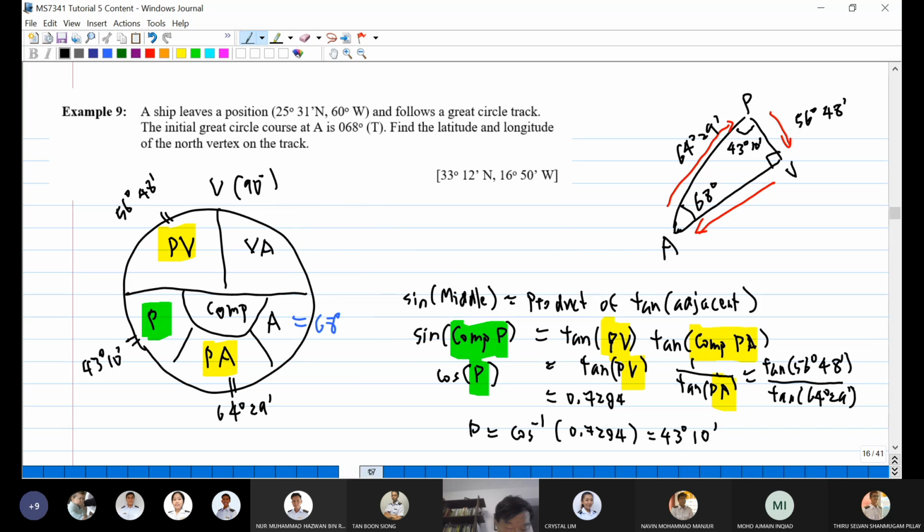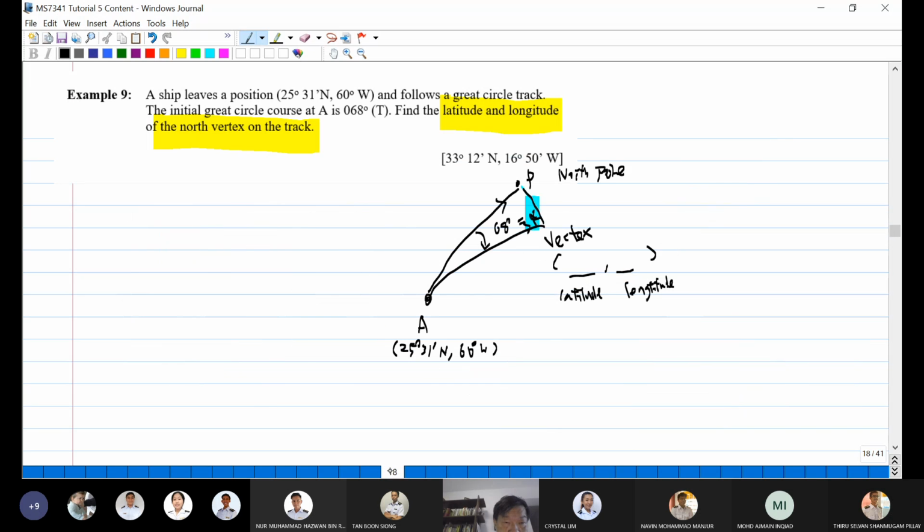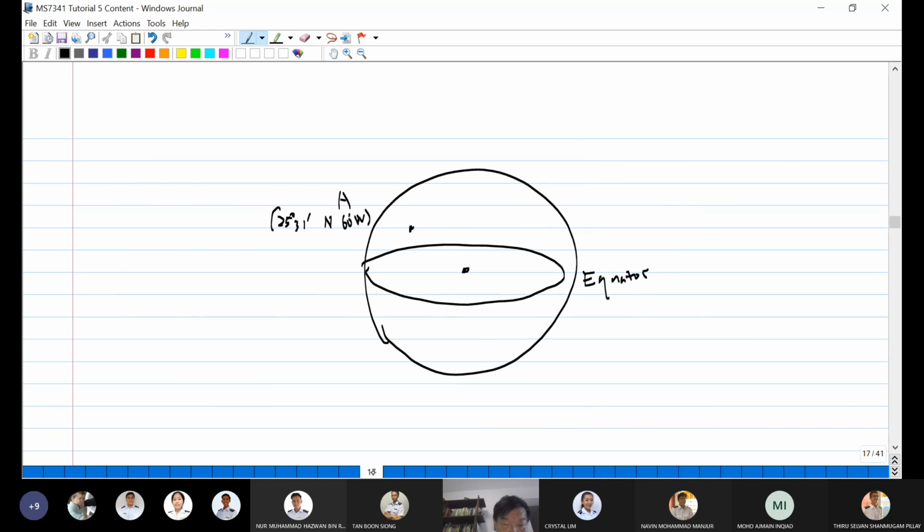Okay, A here. Okay, so the picture looks something like this. So this is the North Pole. This A here, right? So it moved in the direction of 68 degree bearing until the point reaches B here. So it continues to move, right? It moves in the track here.